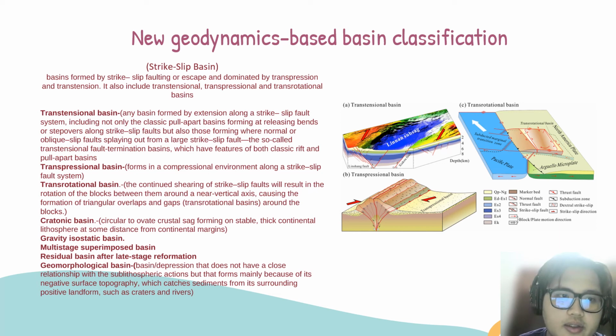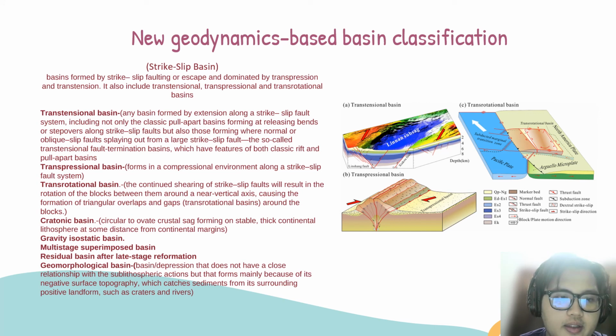The first one is the transtensional basin. It means any basin formed by extension along a strike slip fault system, including not only the classic pull-apart basin forming at releasing bends or step-overs along a strike slip fault, but also those forming where normal or oblique slip faults splay out from a large strike slip fault, so-called transtensional fault termination basin.